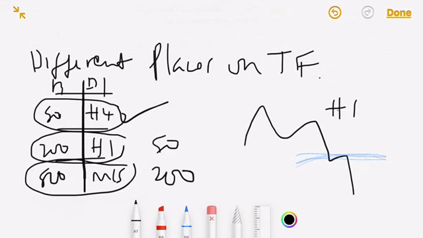It means the ID50 of D1 is actually a pullback to the 200 EMA of H4. Can you see that? So simple.